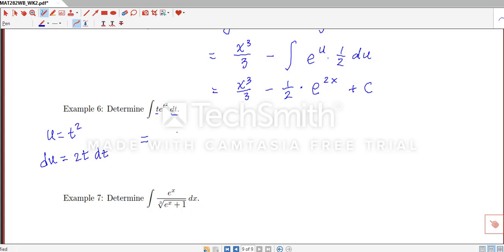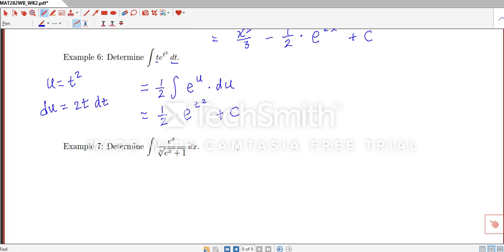So we get the integral of e to the u power times 1/2, we can write the constant outside, du. And the antiderivative of e to the u is just e to the u. So u is t squared plus c. So the antiderivative is 1/2 e to the t squared power plus c.